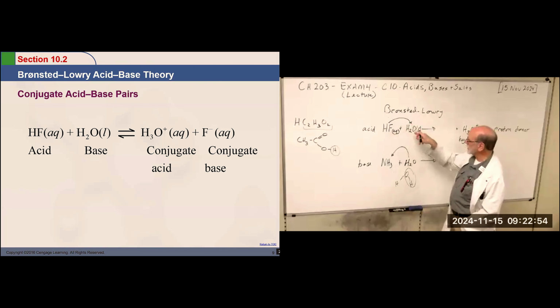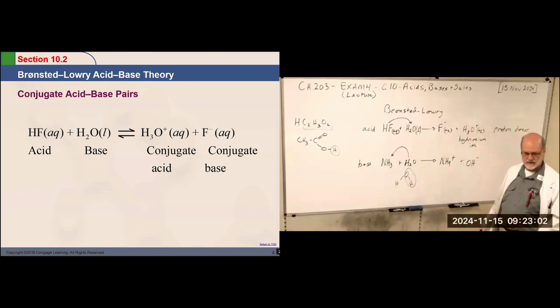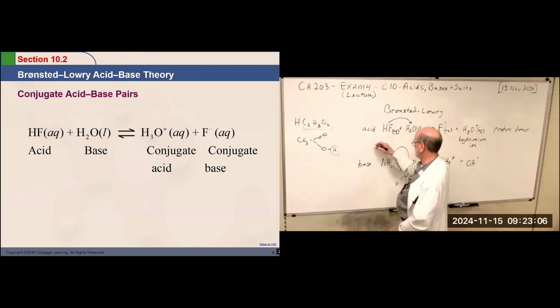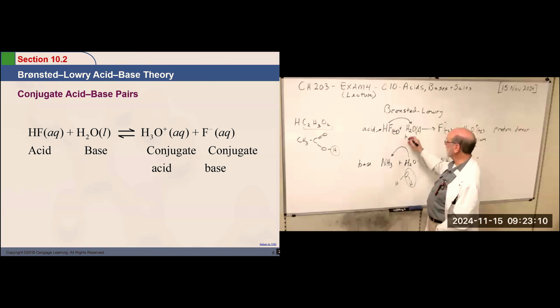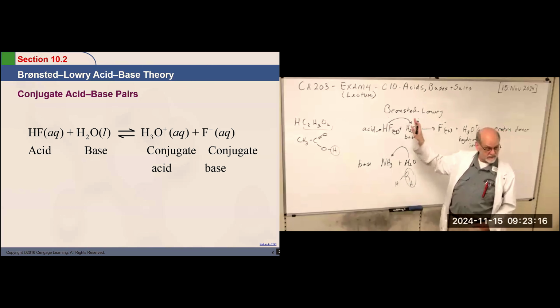And if we transfer that proton over, what do we have left over? We have the fluoride ion in solution and the hydronium ion in solution. This is the acid, right here. This becomes the base, right? Because it accepts the proton. So water is the base in this case.